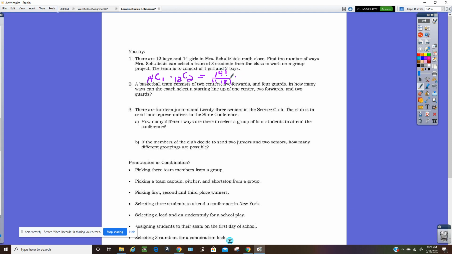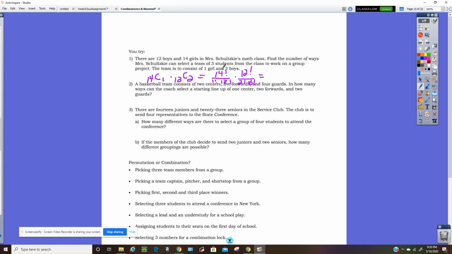But let's go ahead and do the math here. So 12 factorial over 2 factorial times 10 factorial.